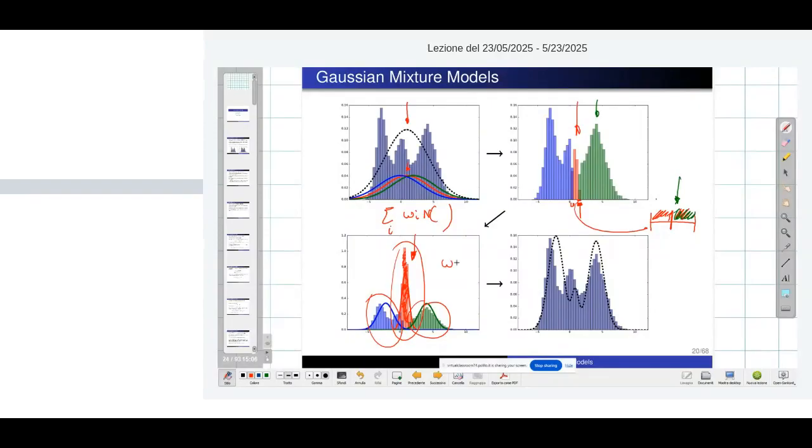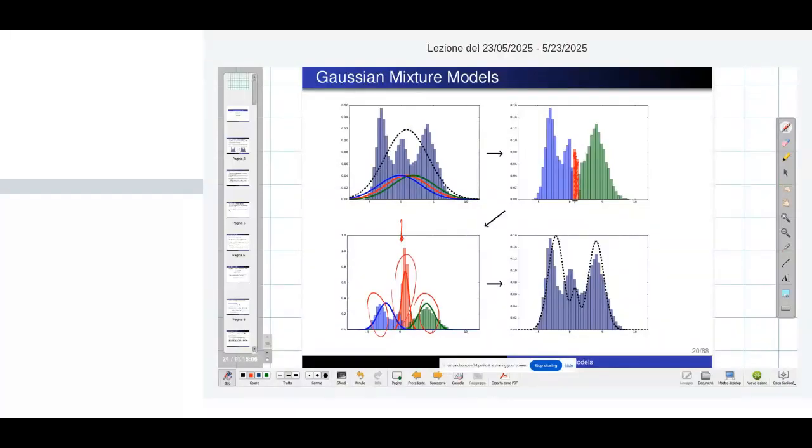And then I estimate my weights. Here you don't see the weight estimate. The weight estimate would be proportional to the size of the original histogram that I was showing above. Here the histograms have been rescaled so that all three classes have an area that corresponds to a density. The weights would correspond to the proportion of the samples that were assigned to the different clusters in the original image. If I put everything together, this is the density that I would obtain.